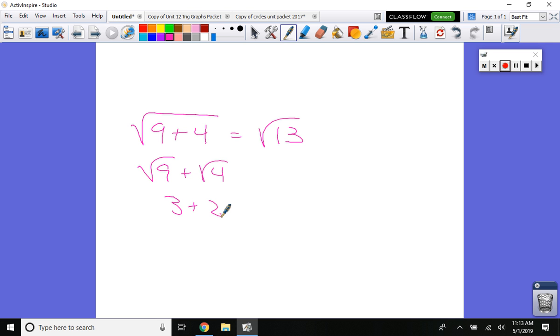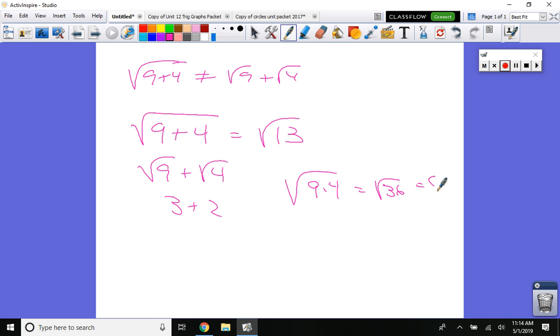So these are not equivalent, okay? In other words, the square root of 9 plus 4 all under one radical is not equal to the square root of 9 plus the square root of 4 individually. They don't get the same answer. If it was multiplication under here, yes. Like if it was 9 times 4, that would be the square root of 36, which is 6. And I could go square root of 9 times square root of 4 and still get 6. So in that case, yes. So only for multiplication. Plus, no.